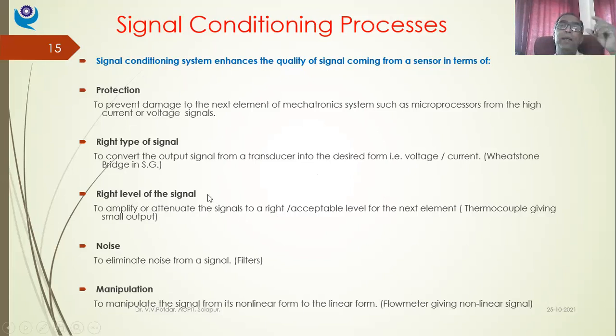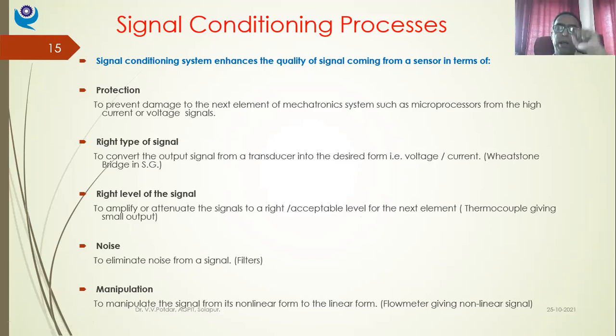Right level means in terms of an amplified or attenuated signal, by using amplifiers or attenuators to amplify or attenuate the signals to a right or acceptable level for the next element. Maybe a thermocouple giving a small output. If the thermocouple voltage, the temperature signal I receive, is a microvolt signal, it will not be suitable for further processing, isn't it?